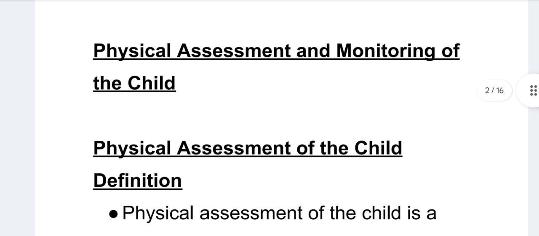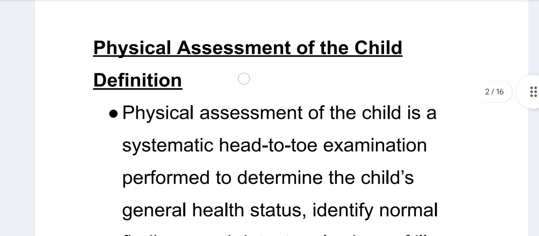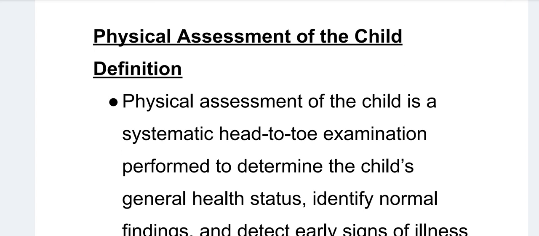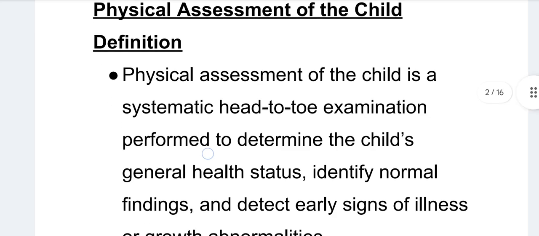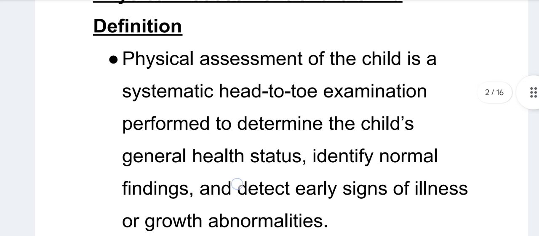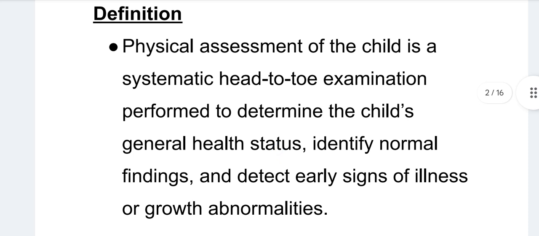So under these two, physical assessment and monitoring of the child, we are going to start with the physical assessment, defining it, and looking at the different parameters that are going to be assessed. So let's start with what physical assessment is. What do we mean by physical assessment of the child? Physical assessment of the child is a systematic head-to-toe examination performed to determine the child's general health status, identify normal findings, and detect early signs of illness or growth abnormalities.